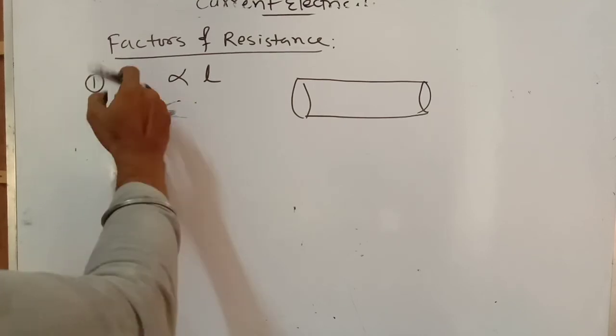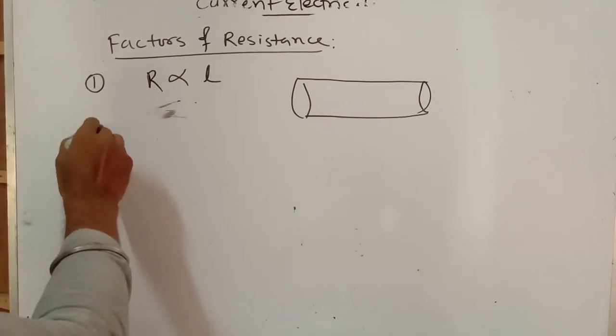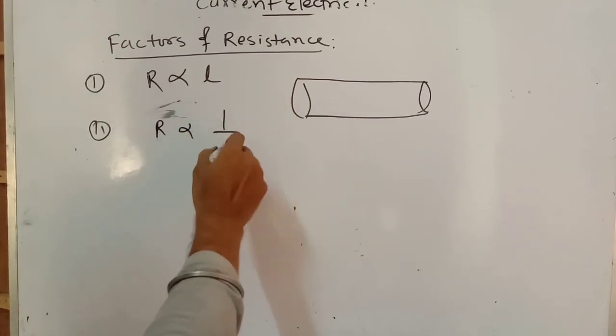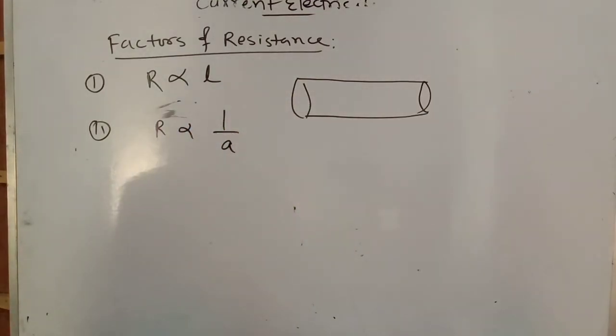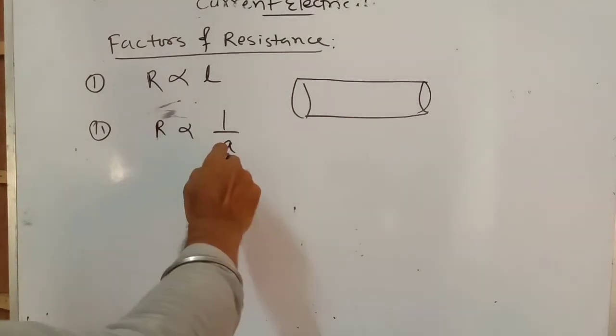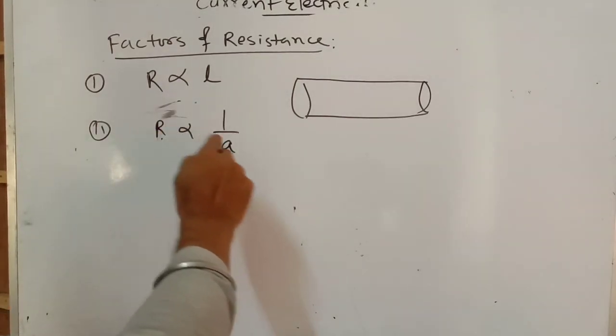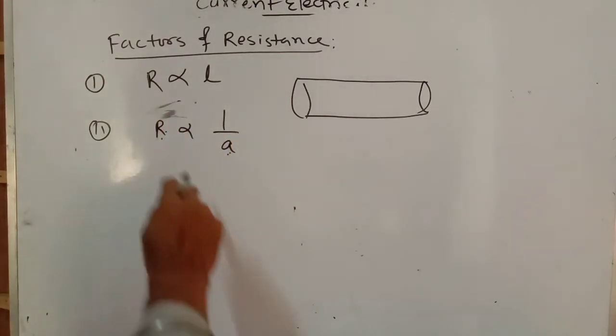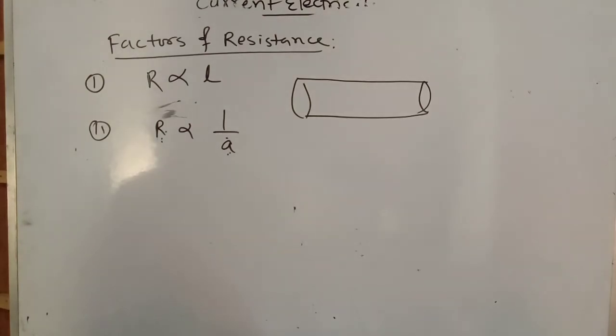So R is directly proportional to length. Number 2, R is inversely proportional to the thickness of the conductor, that means the cross-sectional area of the conductor. Area increases, resistance decreases. Area decreases, resistance increases. So it is inversely proportional to A.